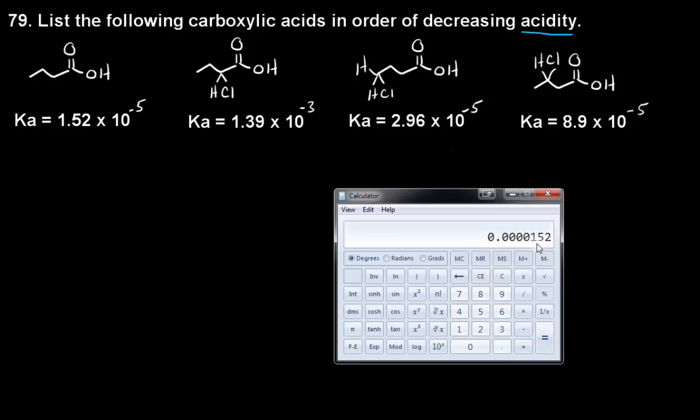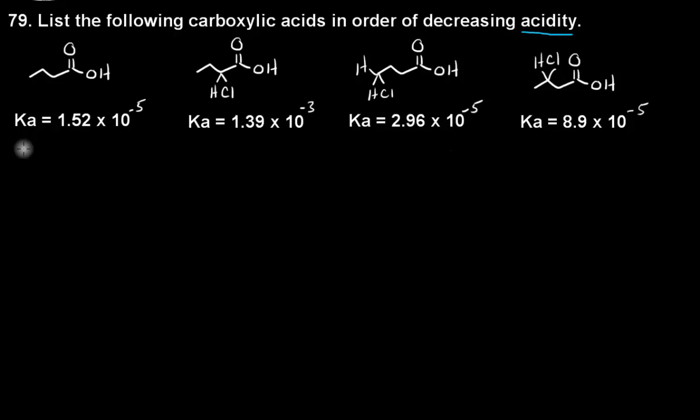So we get 4 zeros, then 152. Let's draw that out: 1, 5, 2. Same thing for these other two. This is on the order of 10 to the negative 5, and these other two will be the exact same thing, so there's no real reason to pull out the calculator. I'll just insert the same number of zeros and draw out the rest of the number.